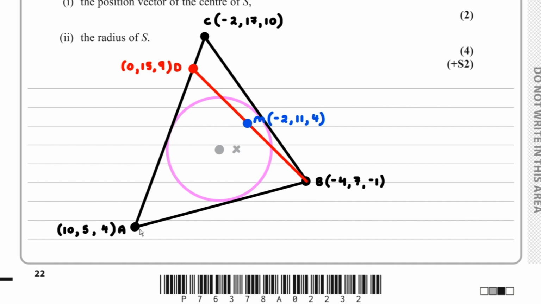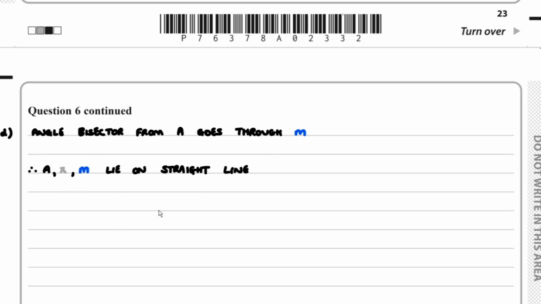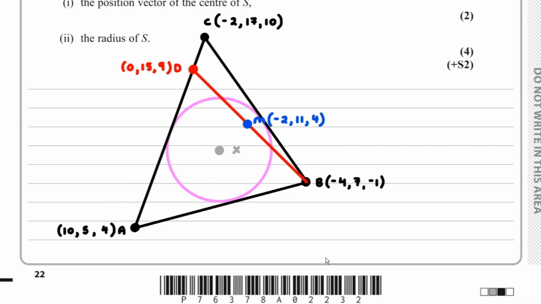The bisector of A will pass through M, and therefore what we'd have here is a straight line. So the angle bisector from A goes through M, meaning AXM lies on a straight line, and that's shown here.